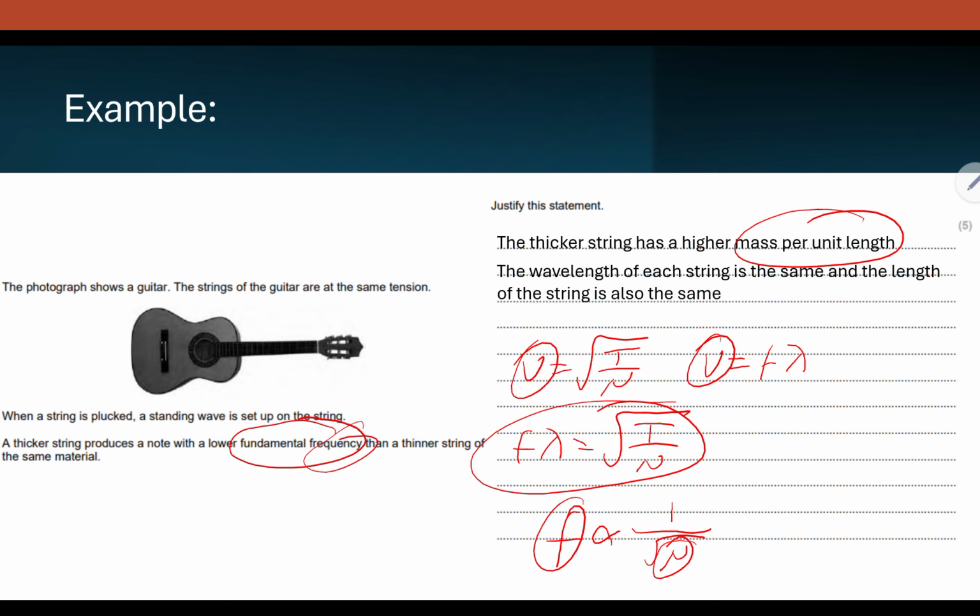So if the mass per unit length increases, and because it is in a fraction, when the denominator increases, the frequency has the opposite effect, so the frequency decreases. Because if you have a bigger number in the denominator, the number gets smaller. So the frequency will decrease. And so therefore, the statement is correct.